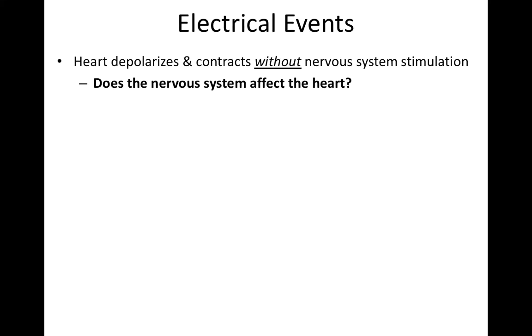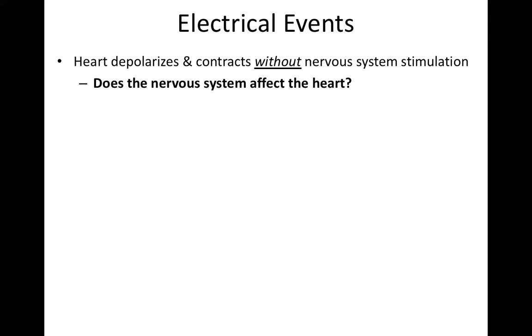So let's talk about the electrical events in the heart. The heart is going to depolarize and contract without the nervous system stimulating it. Now, we should remember that the nervous system affects the heart. You did an entire chapter or unit on the autonomic nervous system, and you know that the sympathetic nervous system increases it and the parasympathetic decreases it.